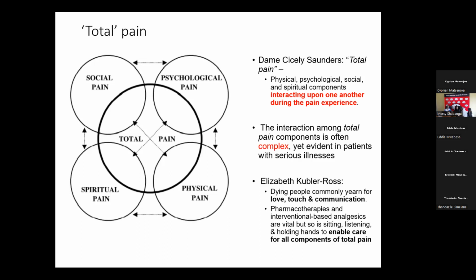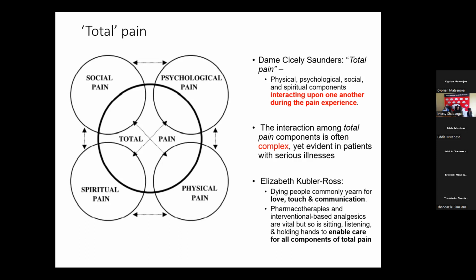And what she emphasized was that whereas many patients come to us initially because of physical pain, and their entry point is usually, I have pain, this is hurting, this is distressing, usually the physical pain will not be in isolation, and it will be within the context of psychological pain, social pain, spiritual and existential pain, and that there is an interaction and an interplay which is complex among all these fears.